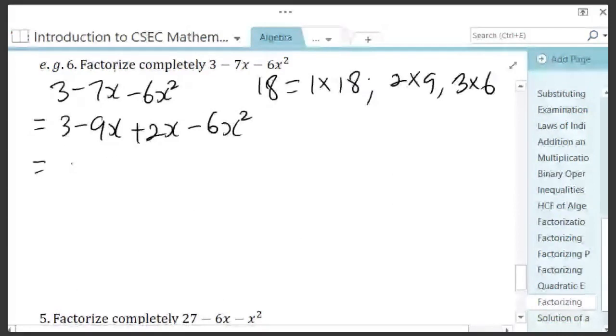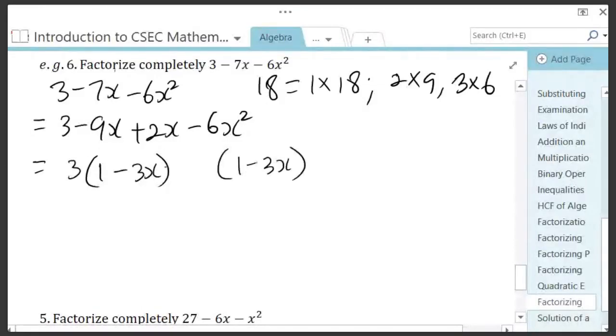Minus 9x divided by 3 is minus 3x. Repeat the bracket here. 1 minus 3x. 2x divided by 1 here is positive 2x. 2x multiplied by minus 3x is minus 6x. Factorizing all the brackets here, this becomes here 3 plus 2x.